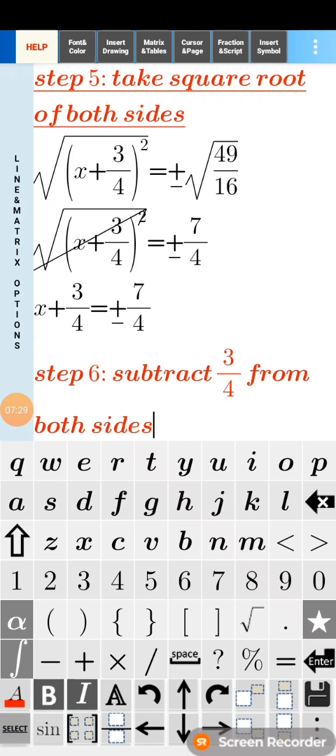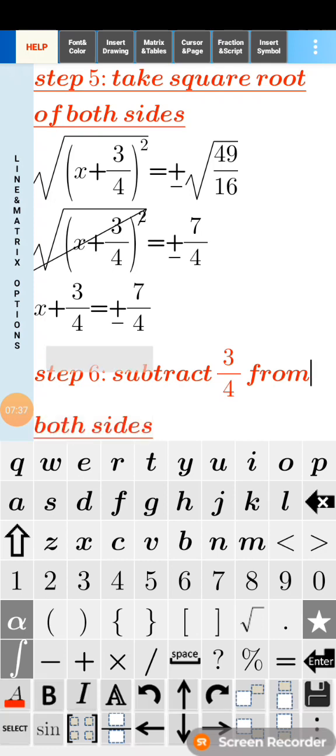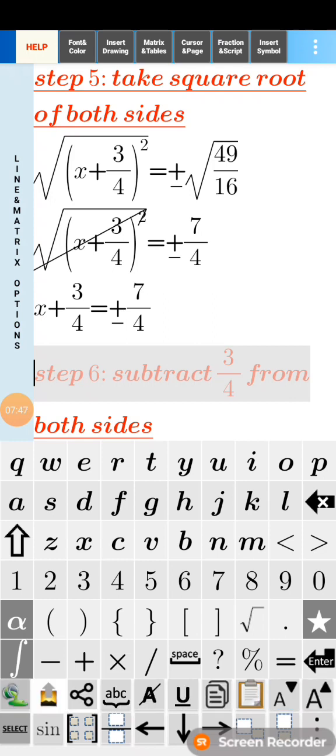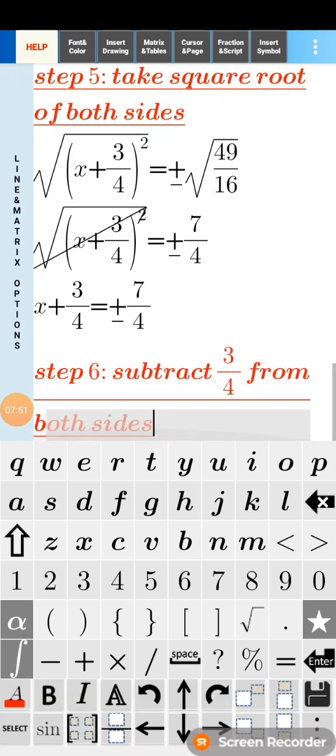So let me underline what I've just written. The same process should be done to this also.